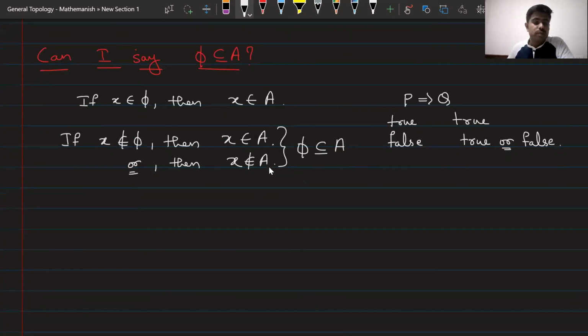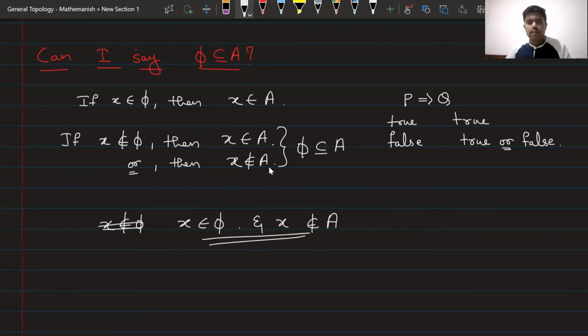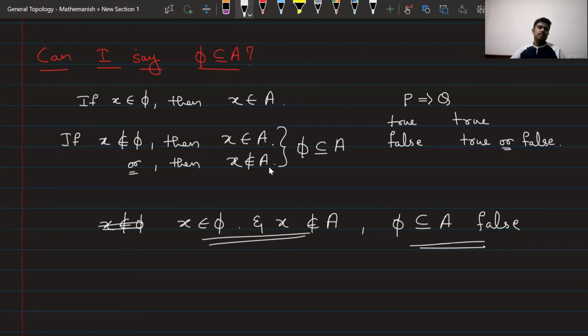The problem would come only when x is in phi and x is not in A. Only at this point would the statement that phi is a subset of A be false, right? We are not getting this situation anywhere in this argument. So we can say that phi is a subset of A without any ambiguity.